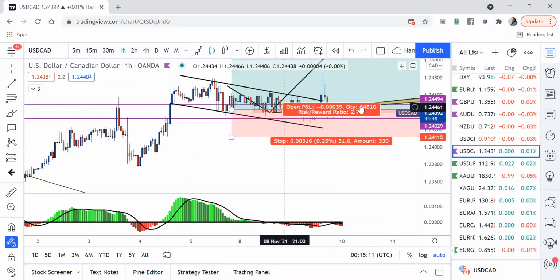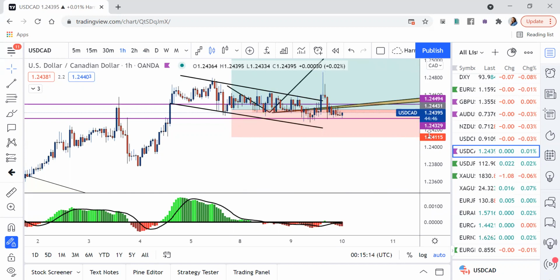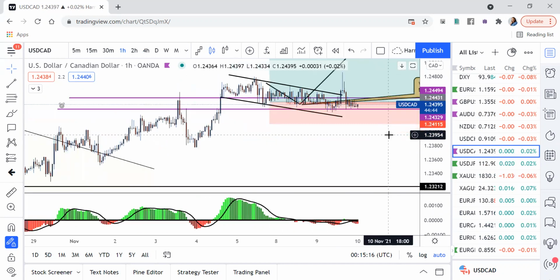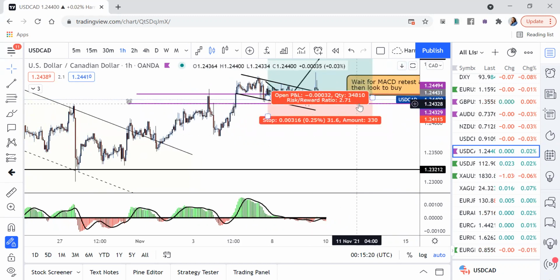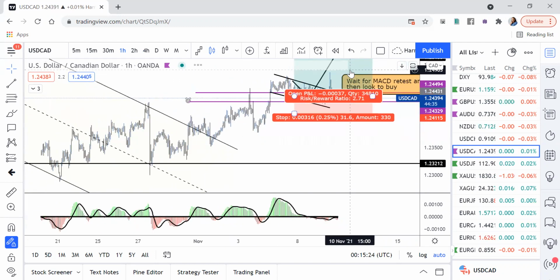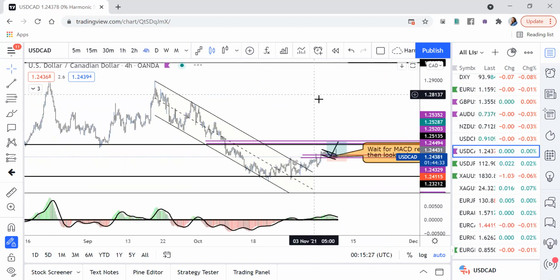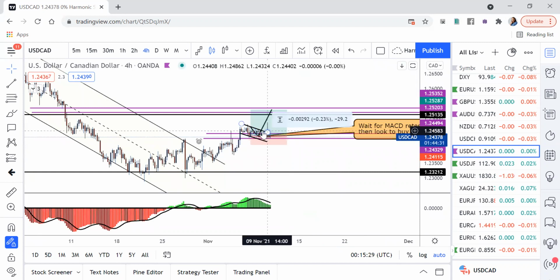So we're still back in this consolidation at the moment. We can still continue to hold this because my bias has not changed at all. I still have it to push up to here, so we can continue to hold that for sure.